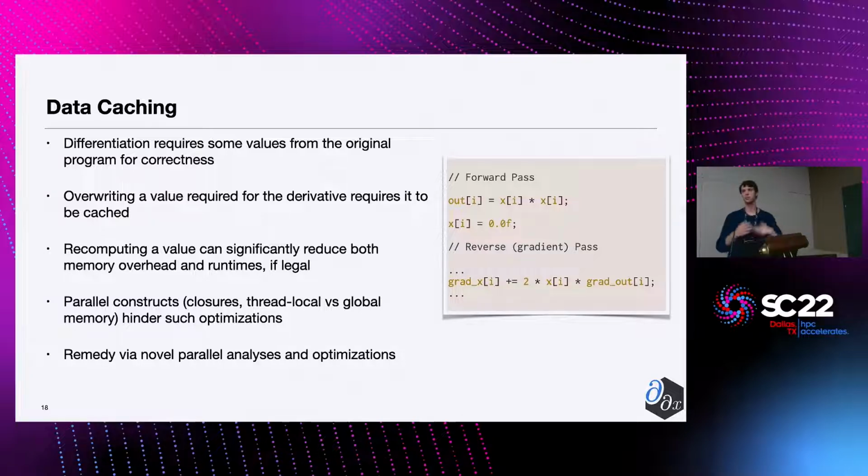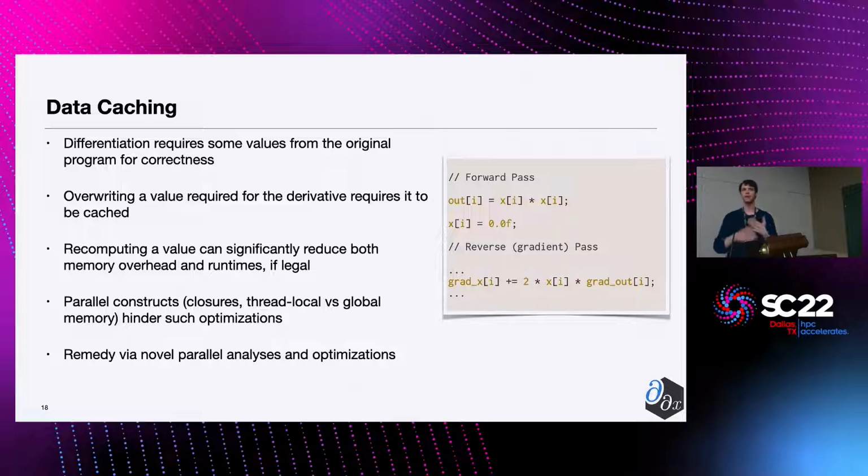Thus, as a consequence, one of these big issues that comes up in practice is differentiation actually requires you to cache or otherwise preserve values from the original program to compute that derivative. And as we saw in this example, anytime you have a value that's overwritten, conservatively requires it to be cached. And instead, if you can prove that that same value is actually available or otherwise create a different mechanism for rematerializing it, you're going to have a significantly faster derivative as well as significantly less memory using derivative as a result.